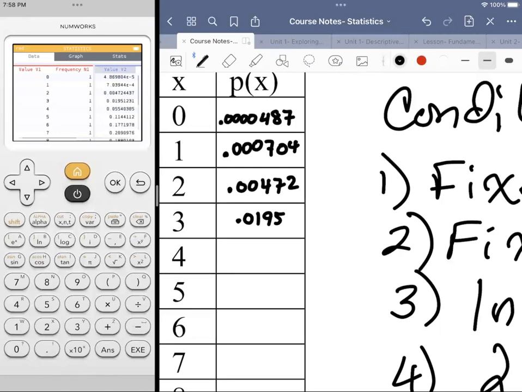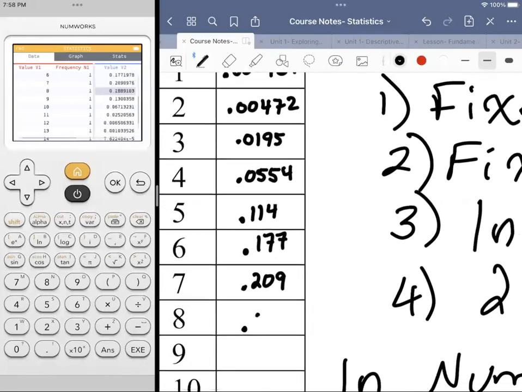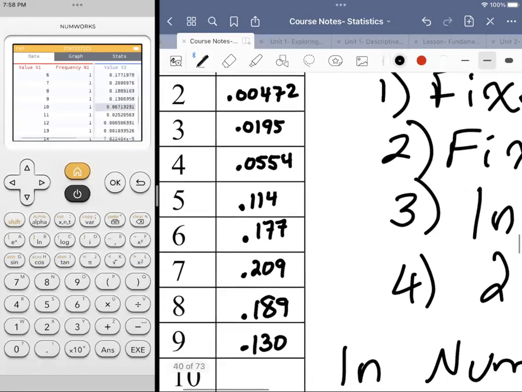So 0.0554, 0.114, 0.177, 0.209, 0.189, 0.130, 0.0671.